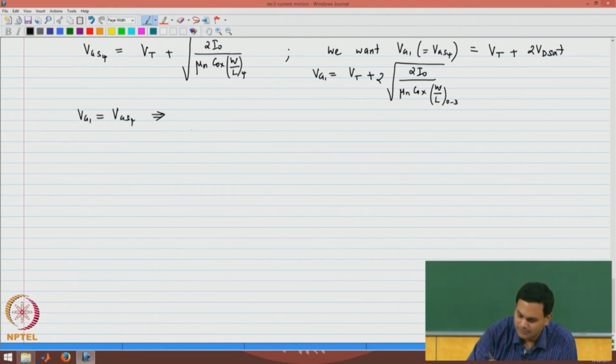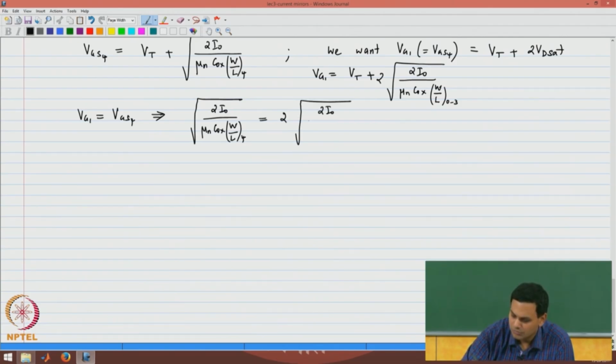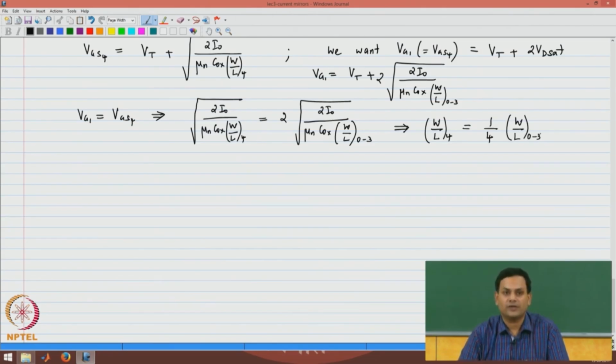This implies that W over L of transistor 4 is going to be 1/4 the W over L of the other 4 transistors, 0 to 3.